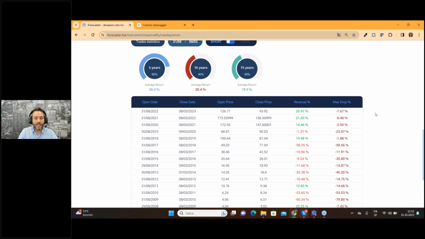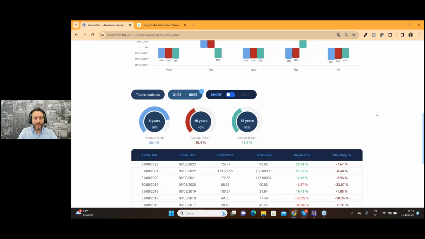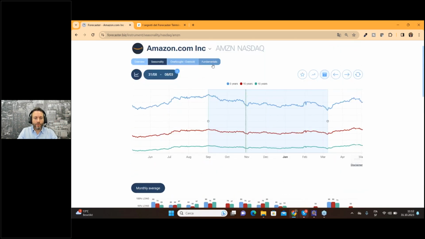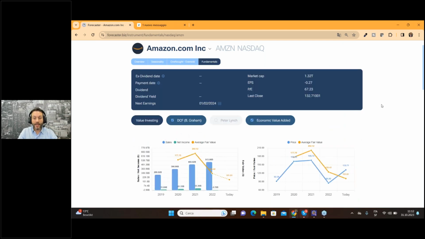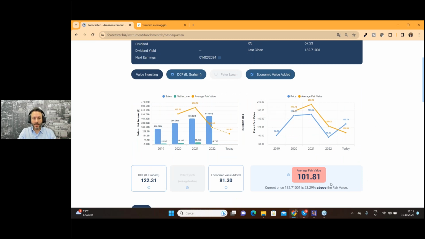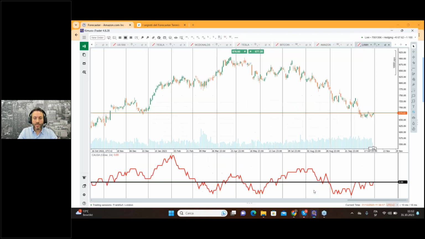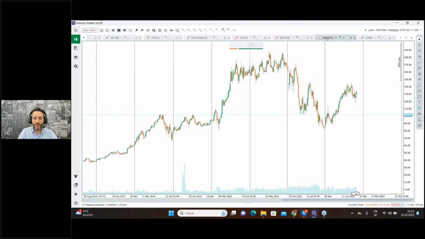Okay, however, at this point, with all this data in hand, especially with the fundamental analysis data telling us that we have an overvalued company right now, we can move to the chart. And on the chart, what do we see?